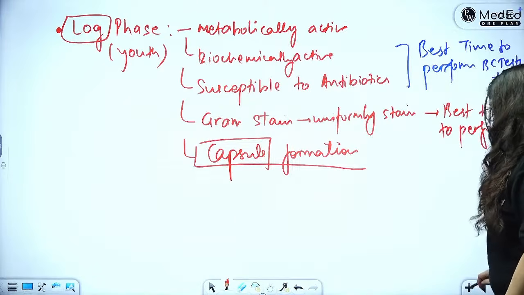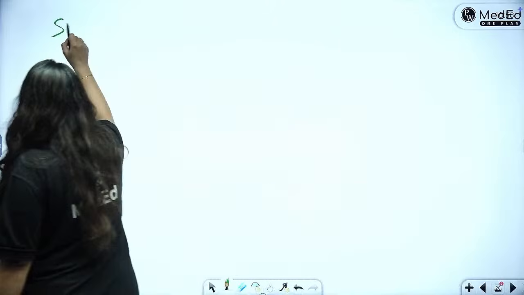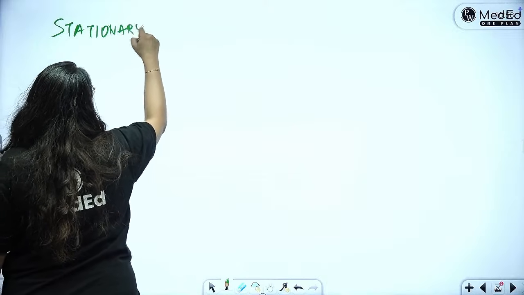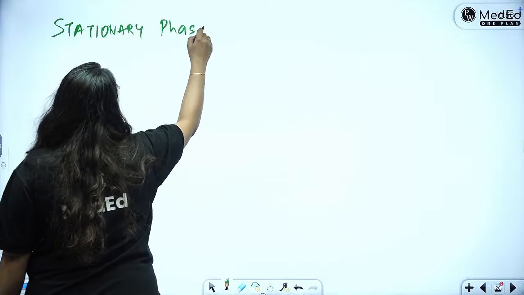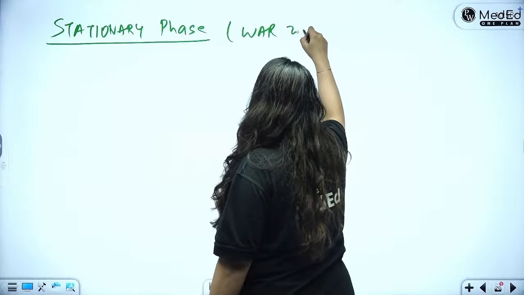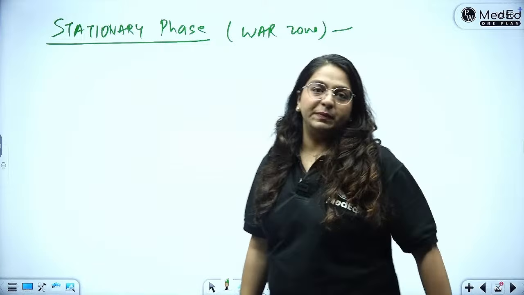Then finally, what happens in stationary phase? Like I said, stationary phase is like a war zone. So what happens in a war zone? In a war zone, there are two types of people.